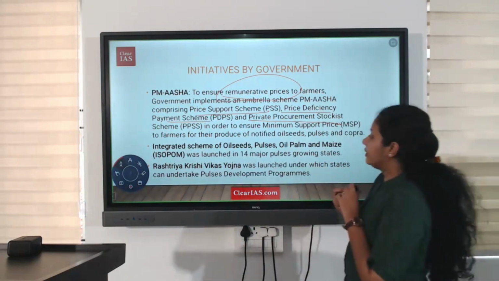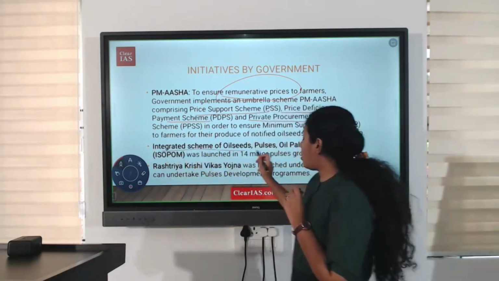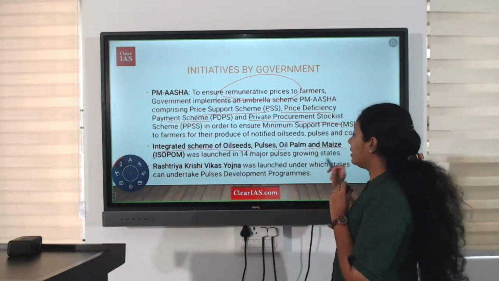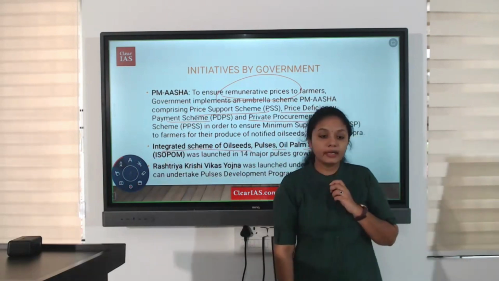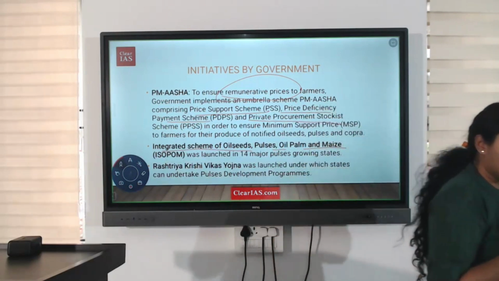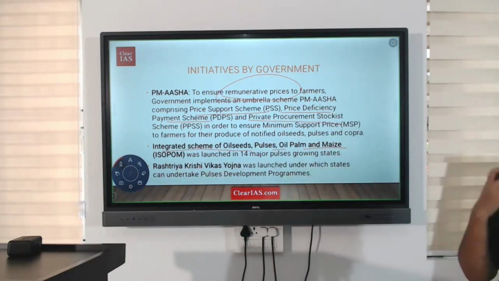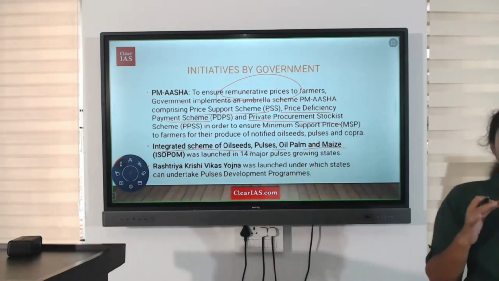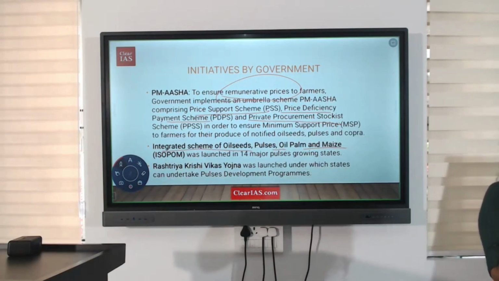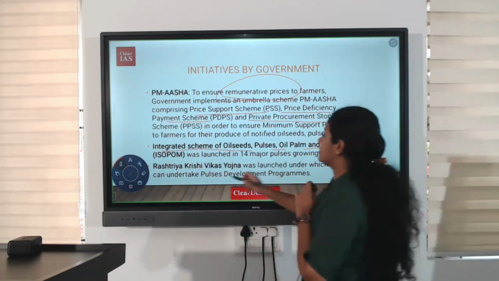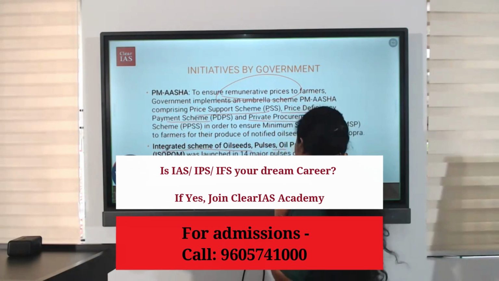Okay. Now the next one is the Integrated Scheme of Oilseeds, Pulses, Oil Palm and Maize. It was launched to produce nearly 14 major pulses in different states. Now the next is Rashtriya Krishi Vikas Yojana.